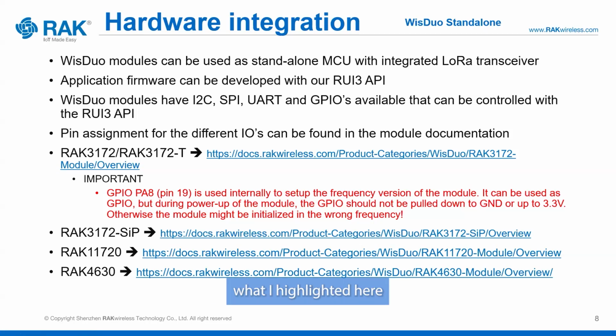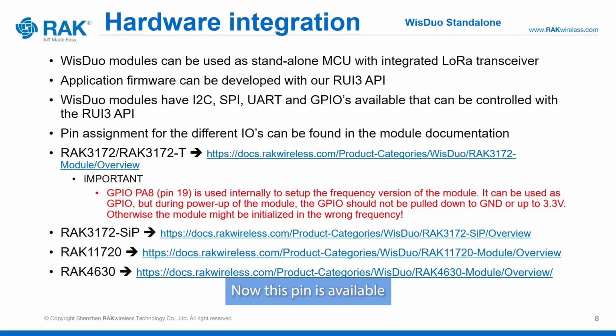And yeah, what I highlighted here is actually a frequent problem that we see. One of the pins that is available on the RAK3172 is actually used to determine whether the module is a low frequency module, so for CN470, EU433, or if it is for a high frequency range from 800 to 900 megahertz, like EU868, US915.